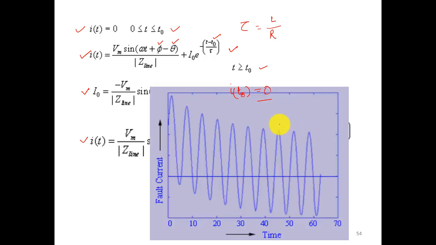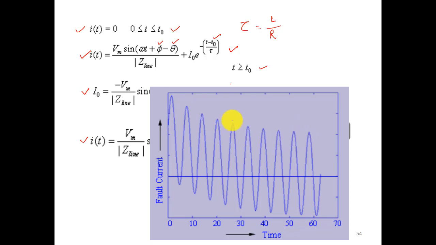If we plot this fault current, or short circuit current i(t), with respect to time, it will look like this. You can see here, this is the plot of fault current versus time. Your transient part, the DC offset, will gradually become 0 as time passes.